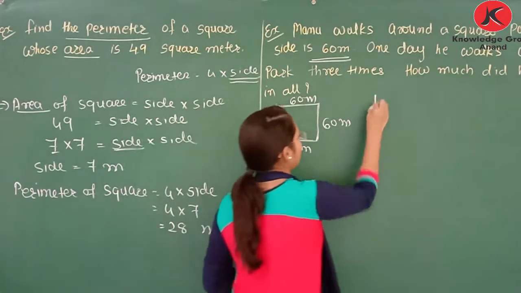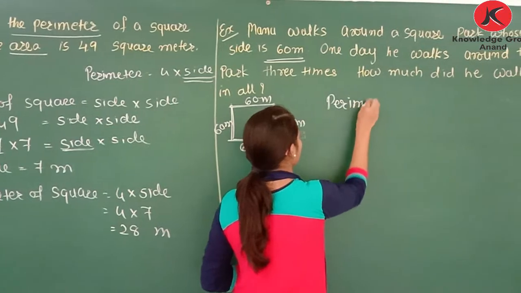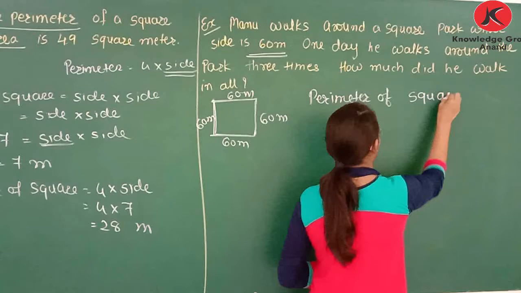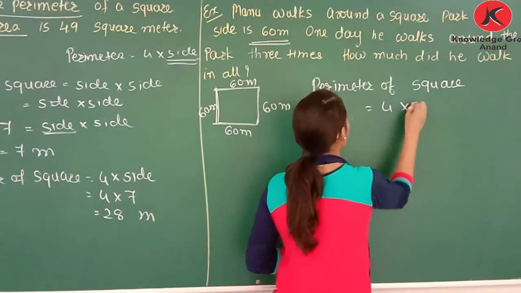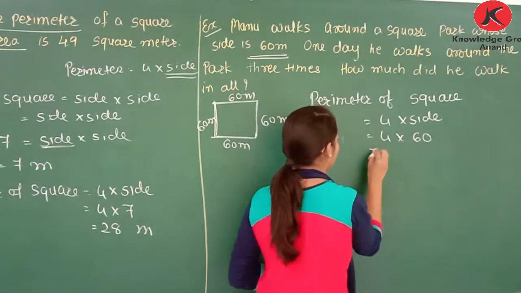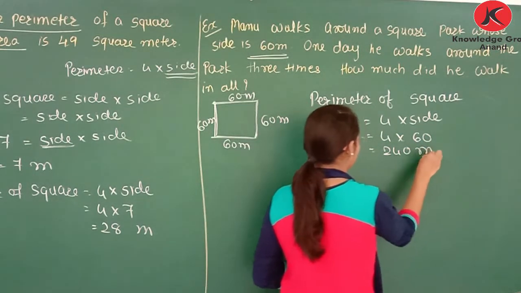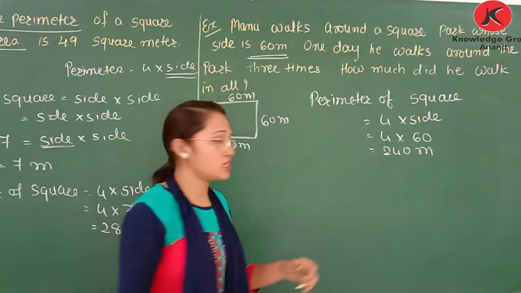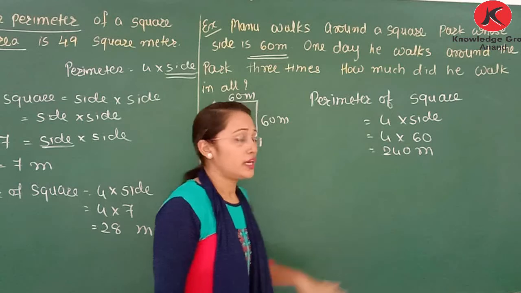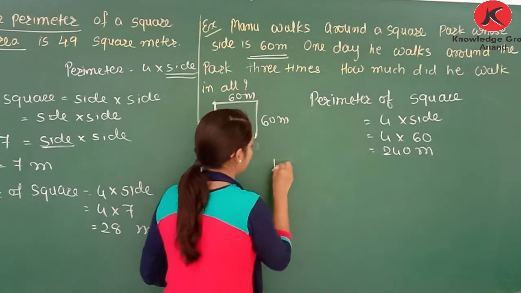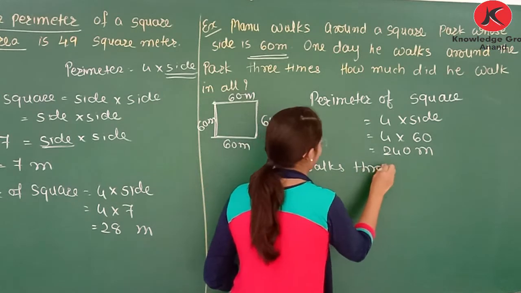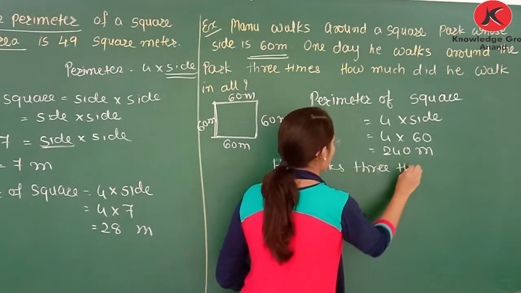So you can write perimeter of square, 240 meter. This is the value of one round. He walks 3 rounds, three times.